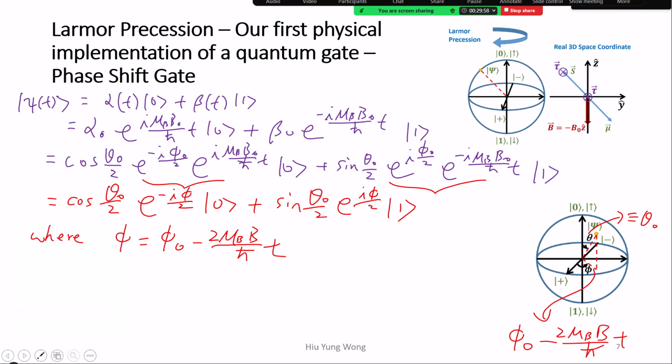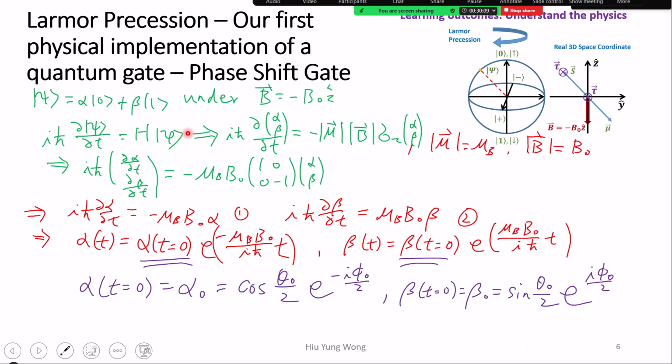So maybe a lot of math, but you need to go back and think again if this is not clear. Basically what we have done is, we start with alpha beta. I solve the Schrodinger equation. I have the Hamiltonian due to this external magnetic field. Then I realize that alpha is going to change following this equation. Beta is going to change following this equation. Of course, then you can plot it using a computer.